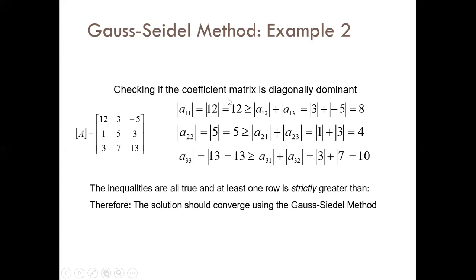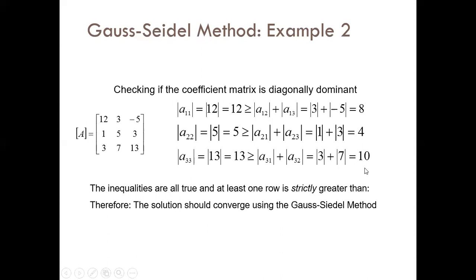Checking the coefficient matrix, it is diagonally dominant. Suppose A11 is 12, A22 is 5 and A33 is 13, which is greater than or equal to the sum of the other elements in the row: minus 3 and minus 5, 8; for 5, it is 1 and 3, 4; for 13, 3 and 7, it is 10.